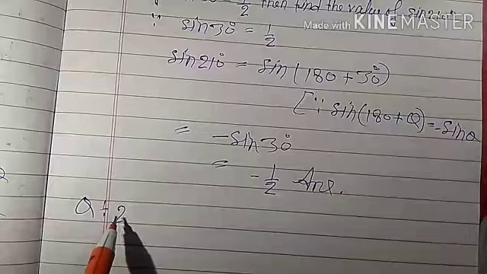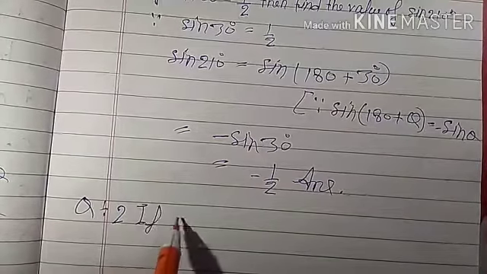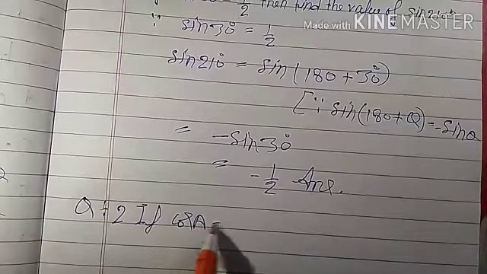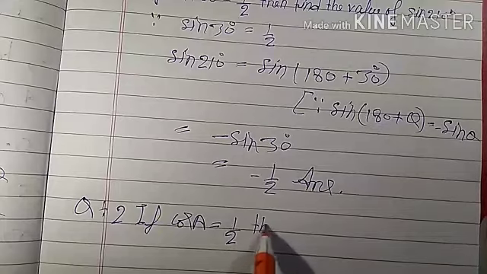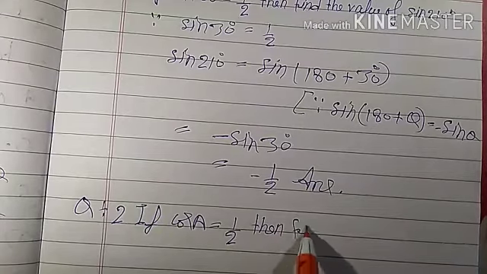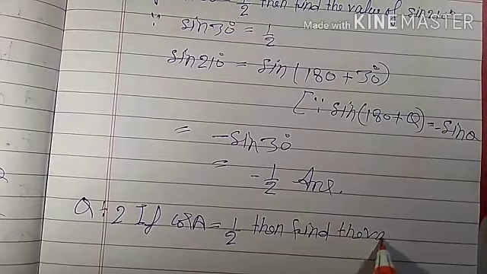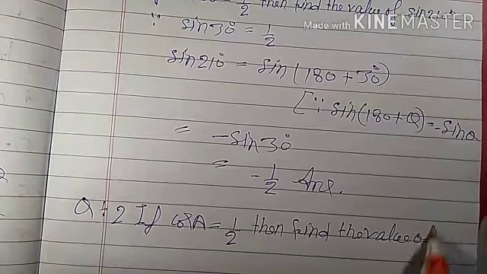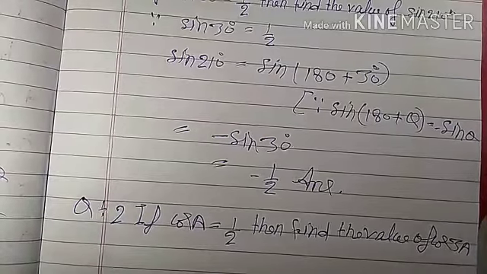Next, question number two: if cos A is equal to 1 by 2, then find the value of cos 3A.